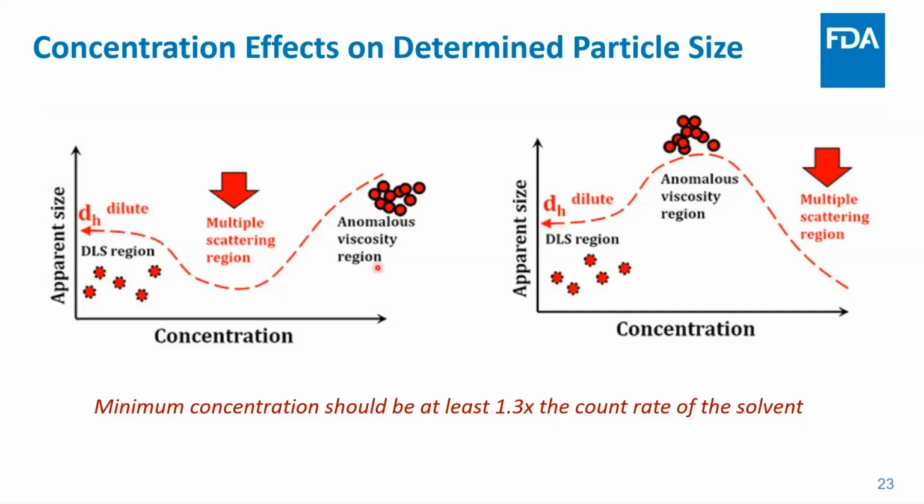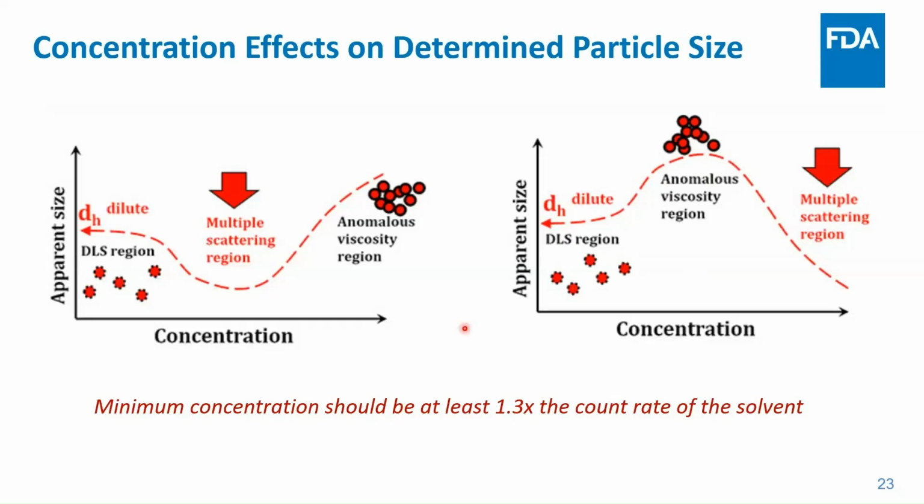But it can also happen beforehand. So in an example like protein aggregation, usually you'll hit a region where you start to see aggregates before you start to see multiple scattering, just based on concentration. So those are two things to look for.